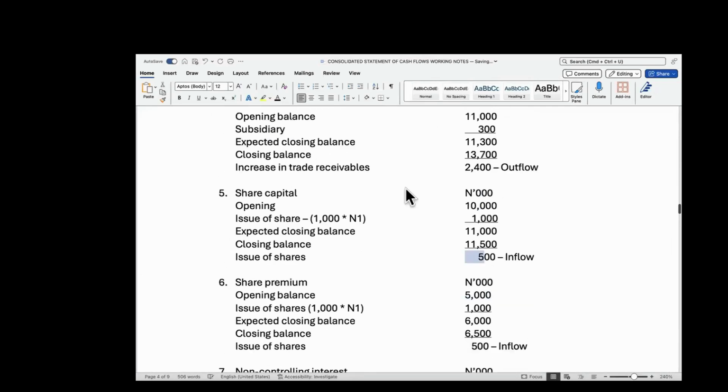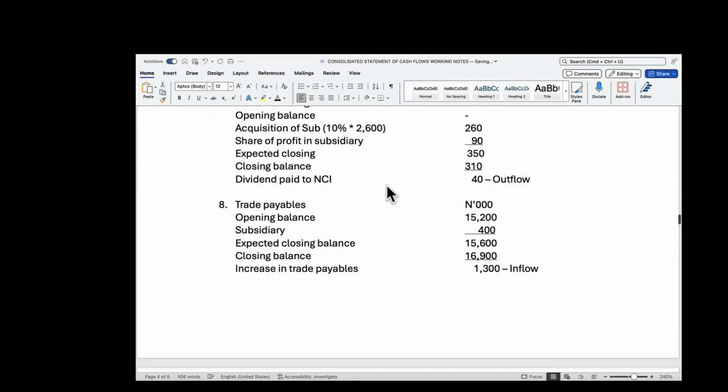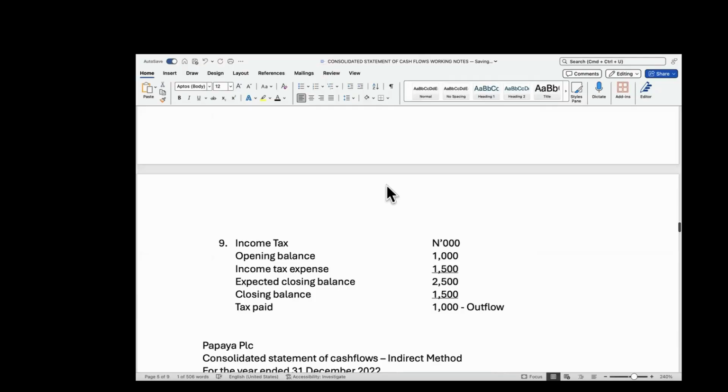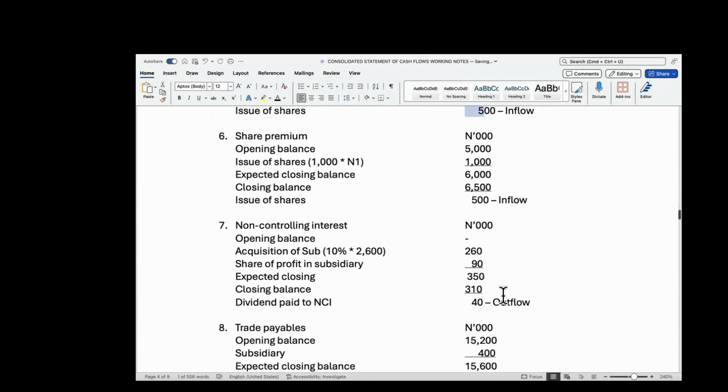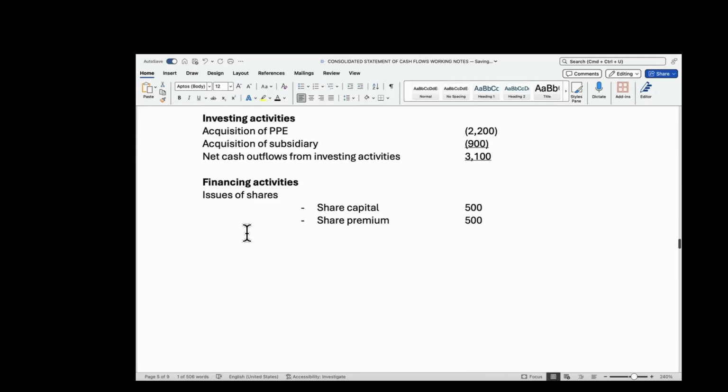Then afterwards, we had dividend paid to NCI. It was 40.